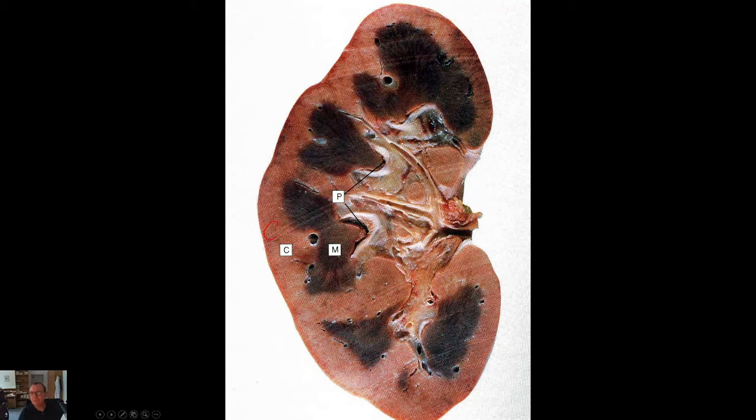You can see that the cortex isn't only under the capsule, but it penetrates to the deepest part of the kidney and is in contact with the renal sinus. This space is the renal sinus. These extensions of the cortex penetrating deeply to the kidney interior are called renal columns.